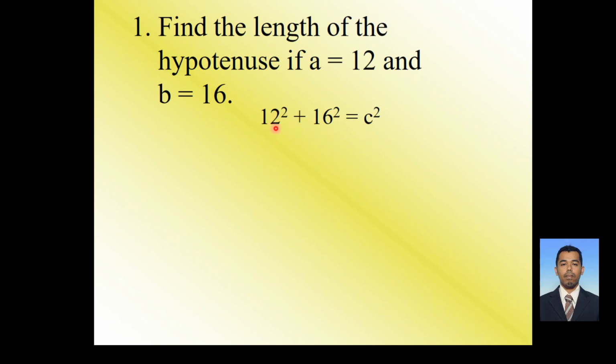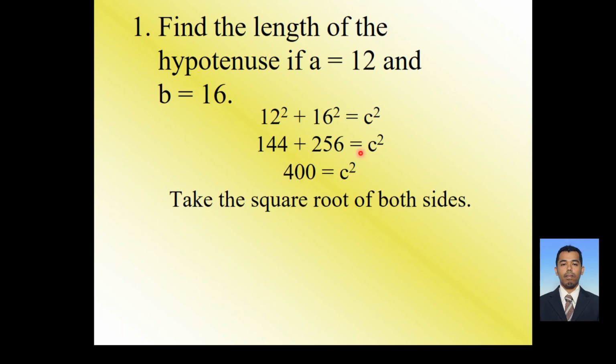Therefore, 12 square plus 16 square is equal to C square. By using the calculator, 144 plus 256 is equal to C square, and then C square is equal to 400. Take the square root of both sides. Therefore, C is equal to 20.